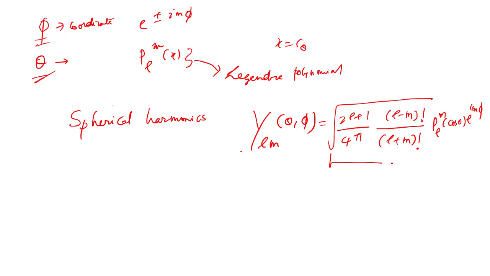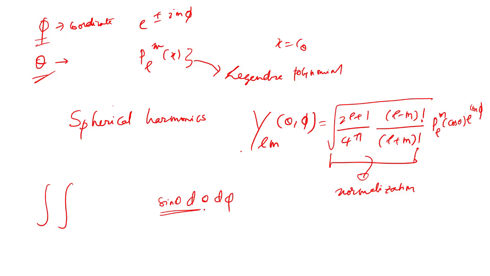So this factor that we are putting is called a normalization factor. We're just adding this extra constant so that when we perform an integration over both d theta and d phi, we have a sine theta here because that's the scale factor for theta for integrating in spherical coordinates.